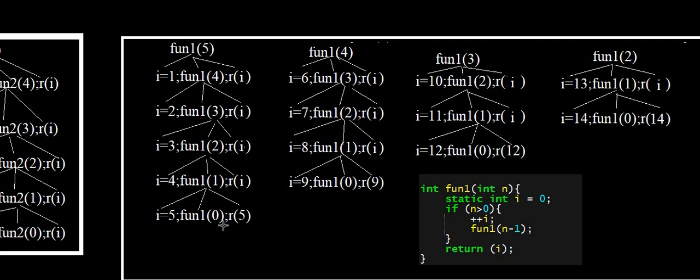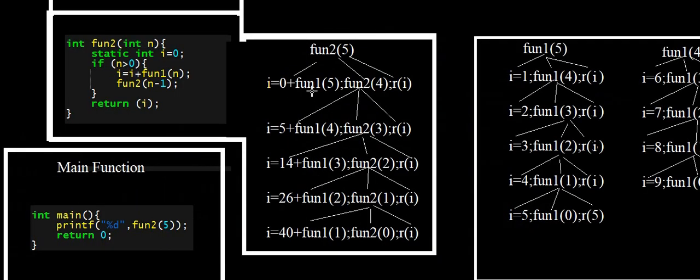Because function 1 returns nothing except the value of i. Since 0 is greater than 0 is false, the if statement will not get executed, and return of i, which is 5, will get returned by the function. Okay, we got the value of function 1 of 5 as 5.